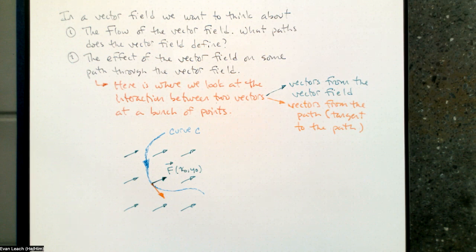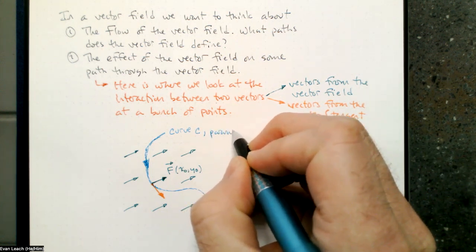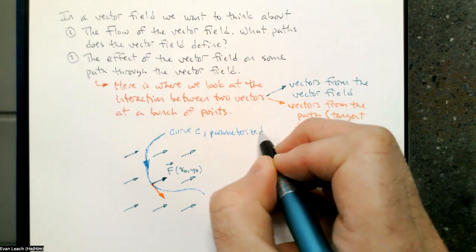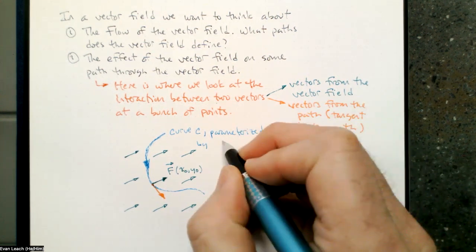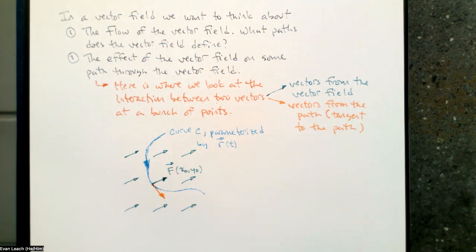The curve, we're going to have to do a little bit more work to describe. Remember, we described curves in R2 and R3. We can describe a one-dimensional curve in R3 or even R2 by parameterizing the curve. So we're going to take curve C and we're going to parameterize it with some vector. So curve C is going to be parameterized by r of t.